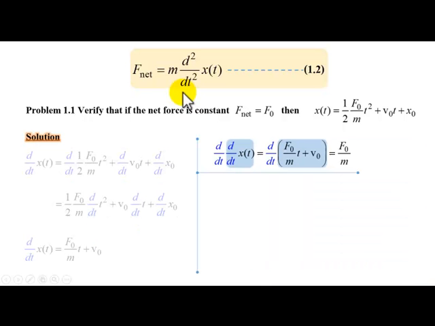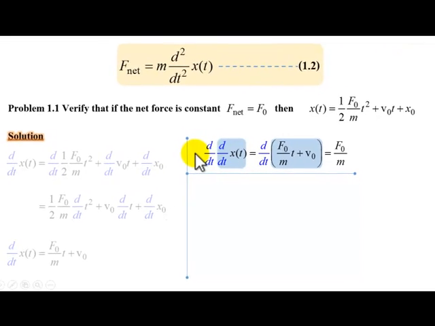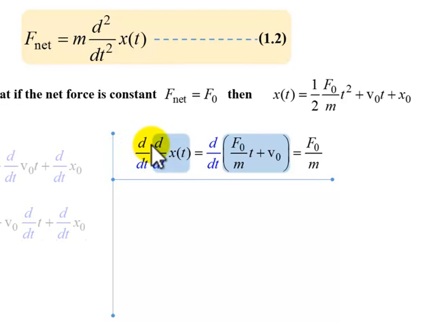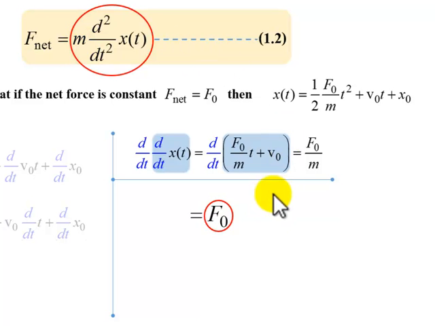Repeating the process using the rules we have just mentioned, such as breaking the expression into pieces or factoring out constants, we find that the second derivative of the function x of t with respect to time is f0 over m. As a result, the right-hand side, which we still have to multiply by m, becomes simply f0.